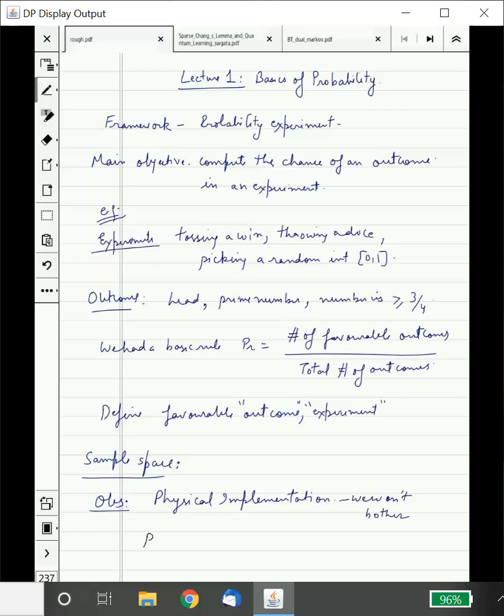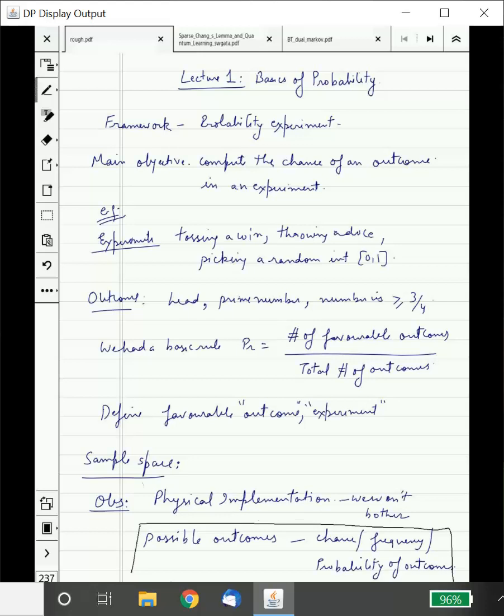So in all these cases, the outcomes are heads or tails, except when it's tossed by Amitabh Bachchan. But let's assume that it is heads and tails. And then, what is the chance or frequency or the probability of these outcomes? As a mathematician, these are the interesting things to us. So this is what we care about. Physical implementation, we won't bother.